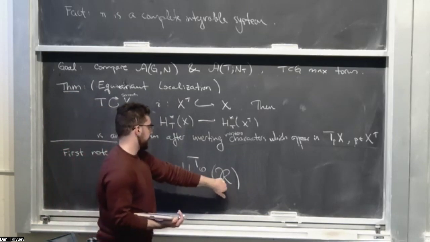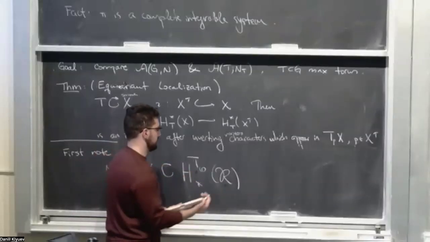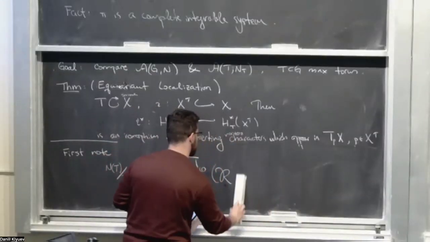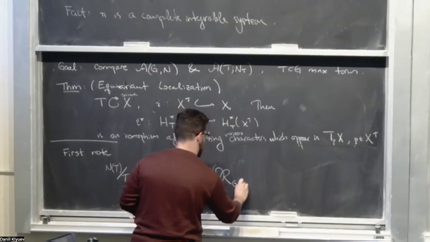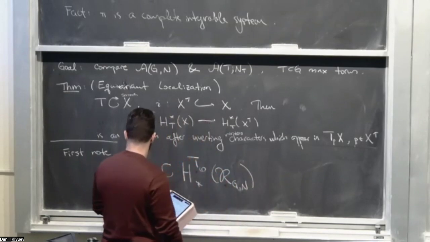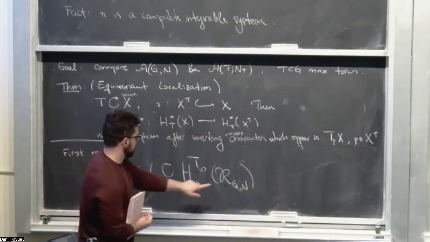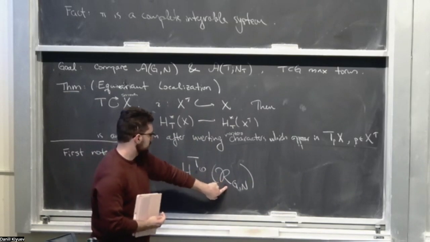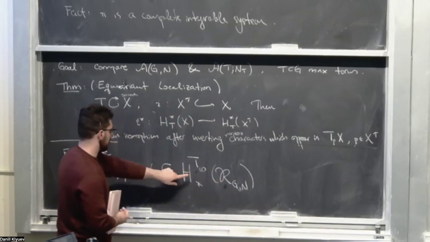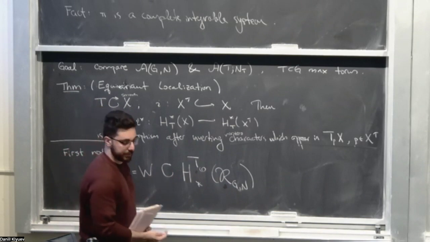So R is R_{G,N}, and T is T. Maybe I'll be completely precise and put R_{G,N}. Well, this is because the normalizer acts on the geometric thing, and on the T-equivariant things, T fixes them, so it acts on the algebra.